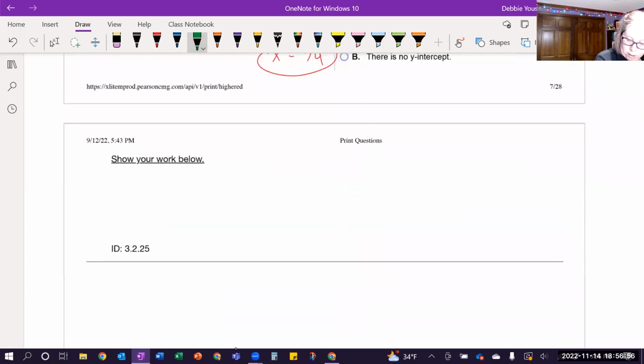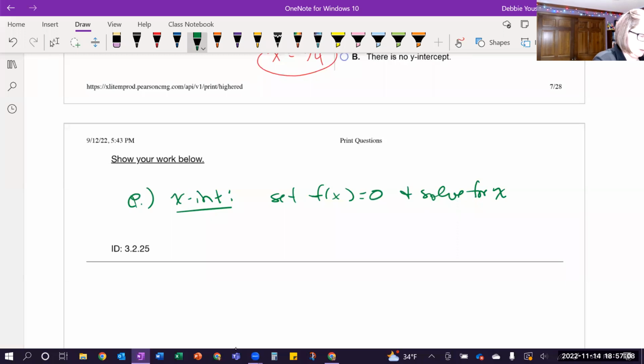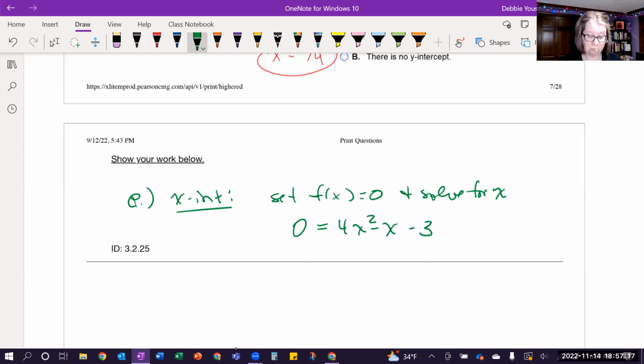Okay, so this is part E for x-intercepts. Set f of x equal to 0 and solve for x. So I'd have 0 equals 4x squared minus x minus 3. Well, that's again a quadratic, so I would try to factor. So I'd have 0 equals something times something if it factors.